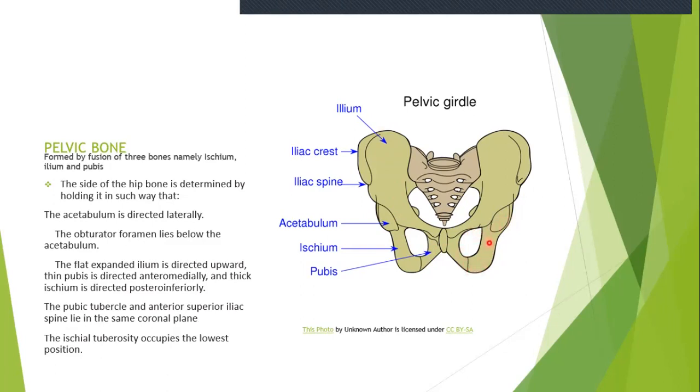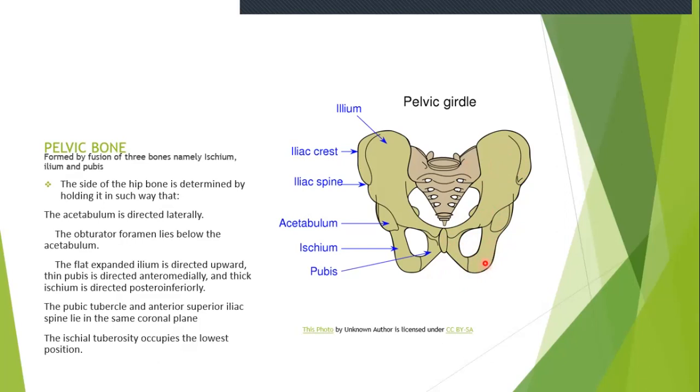This is the ilium. The flat expanded ilium is directed, this is the ischium. This is the ilium. Sorry for that. The ilium should be directed upward. This is the pubis, and you can see it is directed anteriorly and medially.